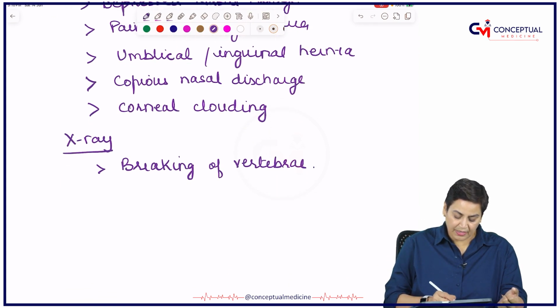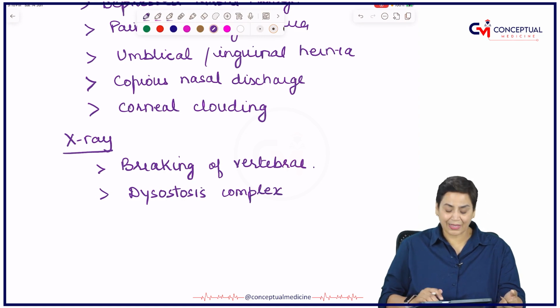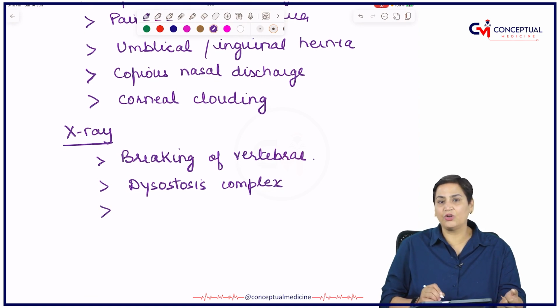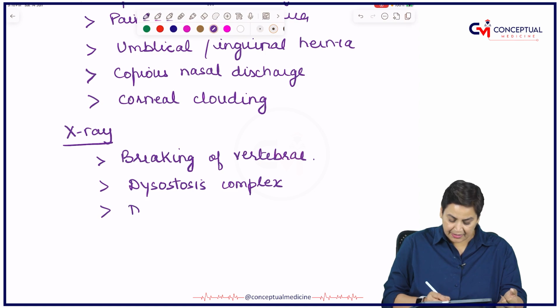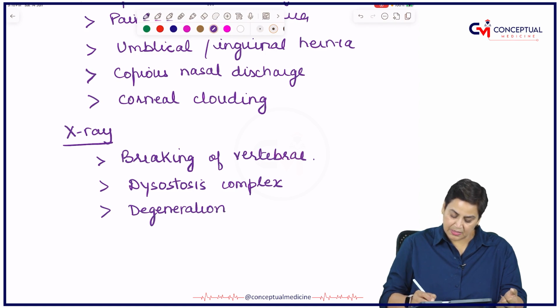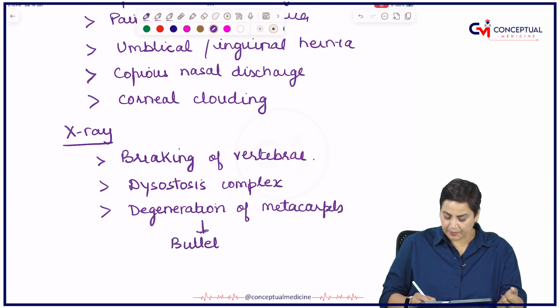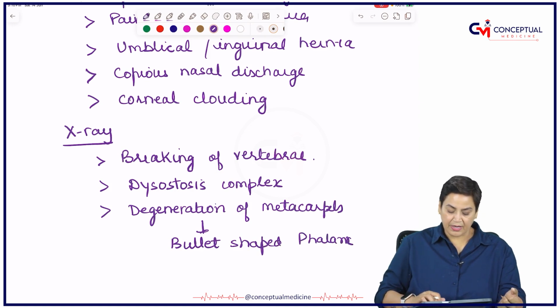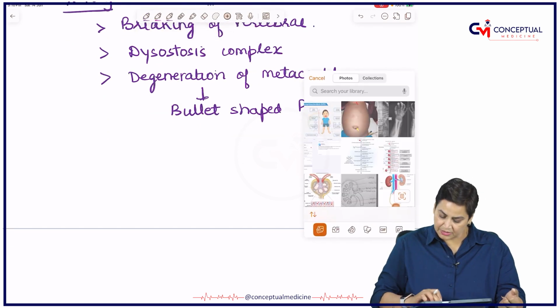There will be a dysostosis complex, and due to degeneration of the metacarpals, it will lead to bullet-shaped phalanx. Let me show you the images also.